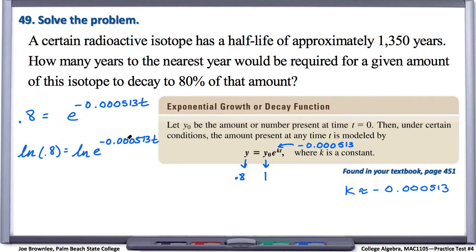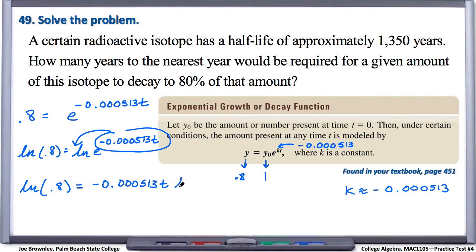Because we took the ln on the right, we can move this exponent down out front, which gives ln of 0.8 equals negative 0.000513 t ln e. We know ln e is just 1, so that goes away. We want t all by itself, so we'll divide on both sides.